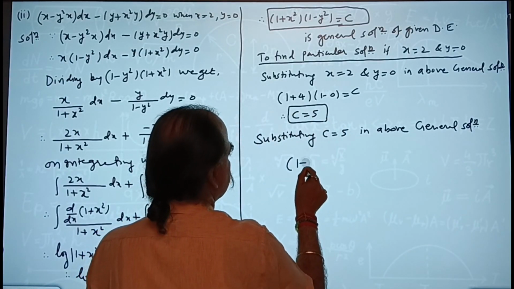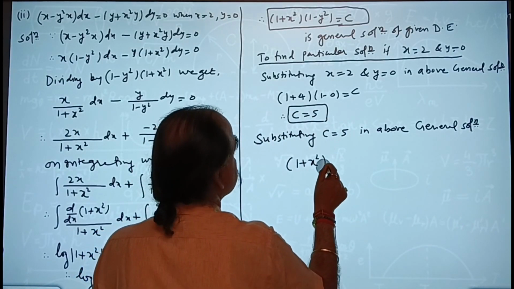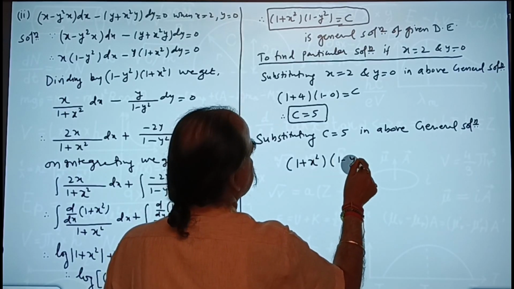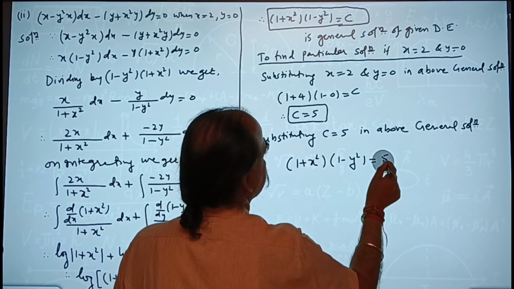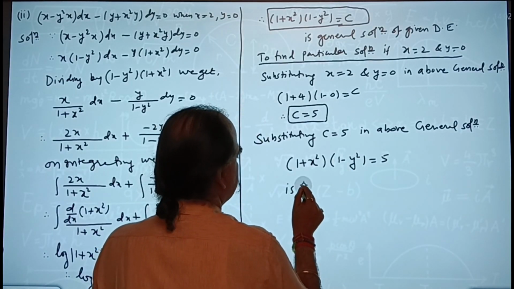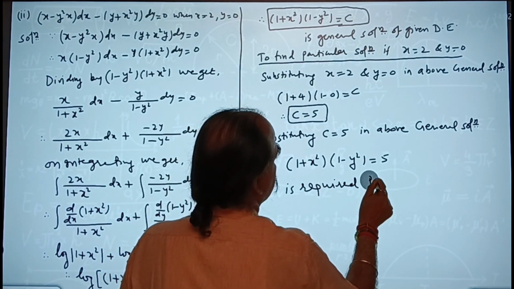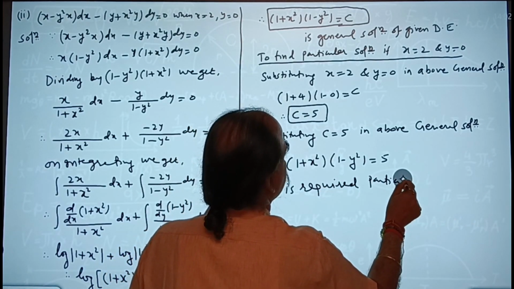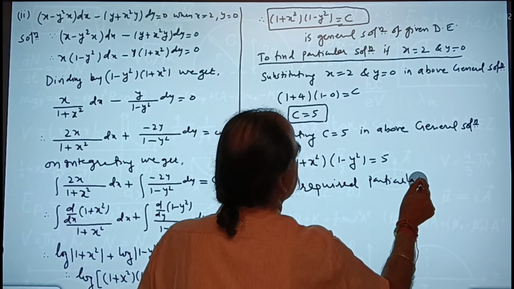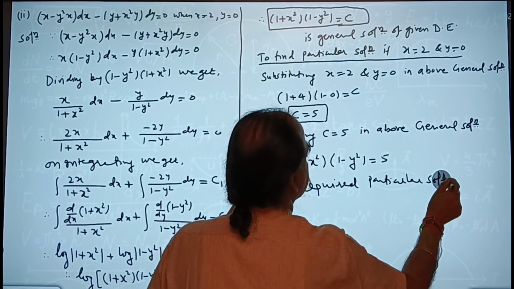So 1 plus x square into 1 minus y square is equal to 5. This is required particular solution.